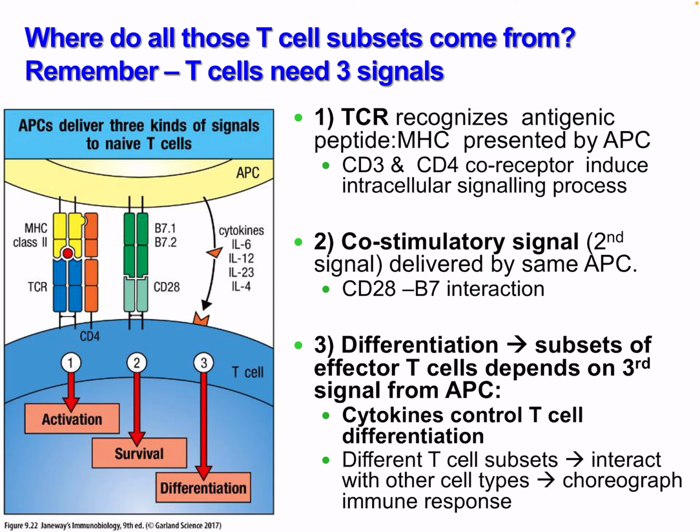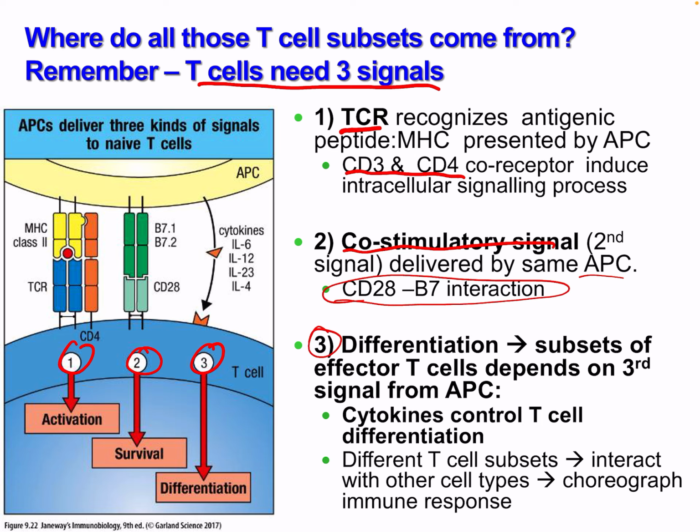So again, remember T cells need three signals. We have our T cell receptor, which recognizes antigenic peptide MHC presented by APCs, and our CD3 and CD4 co-receptor induce intracellular signaling processes. So remember 1, 2, 3. We have our co-stimulatory signal, which is delivered by the same APC through our CD28-B7 interaction.